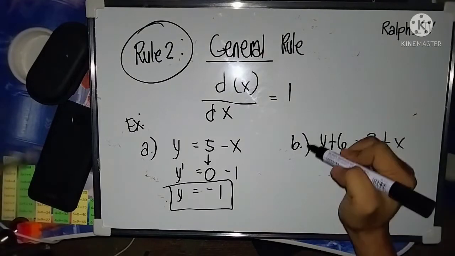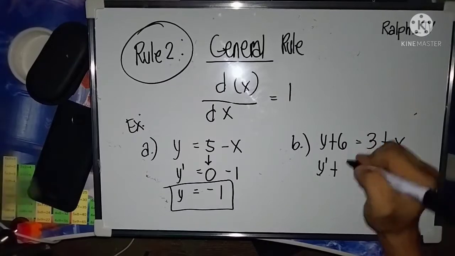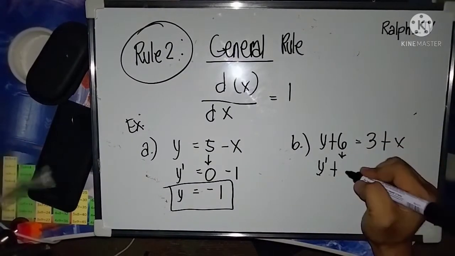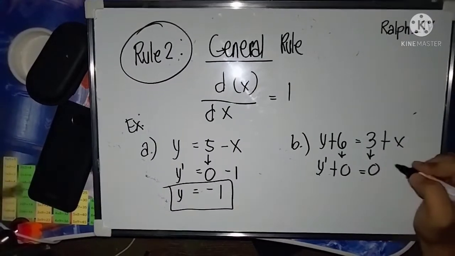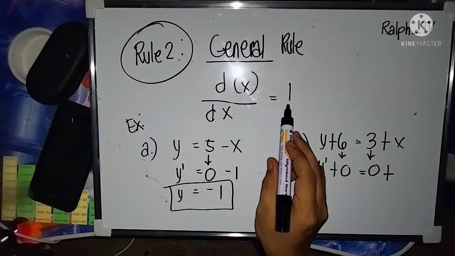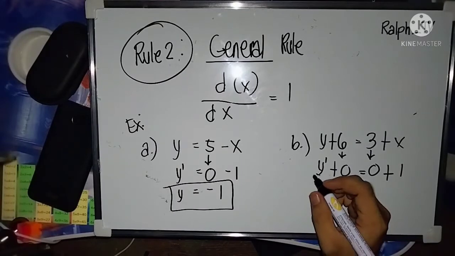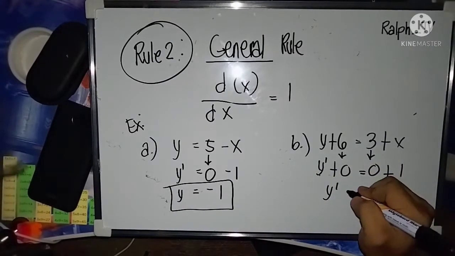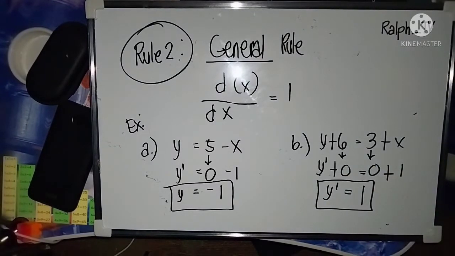So y prime, the derivatives of y, plus we use the rule number 1, which is constant 0, is equals to constant pa rin 0 plus, which is ang ating x is 1, so we have 1. So we have y prime is equals to 1. Yan yung ating answer sa example sa rule number 2.